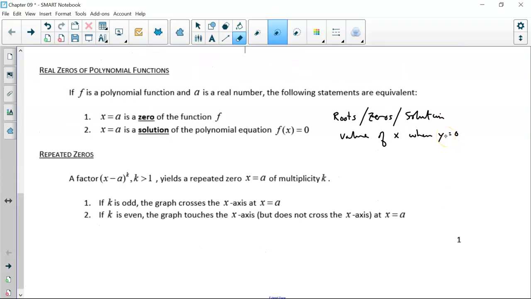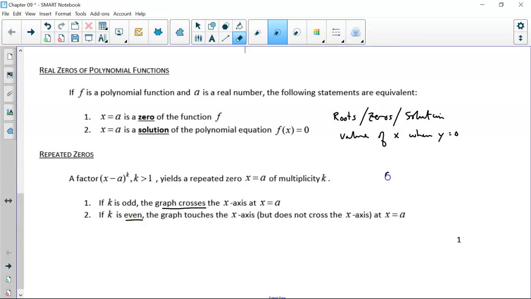Sometimes zeros are repeated. That's what we call multiplicity. So when the multiplicity is odd, it crosses the x-axis at that point. When the multiplicity is even, it bounces. And we'll talk about that as we go through.